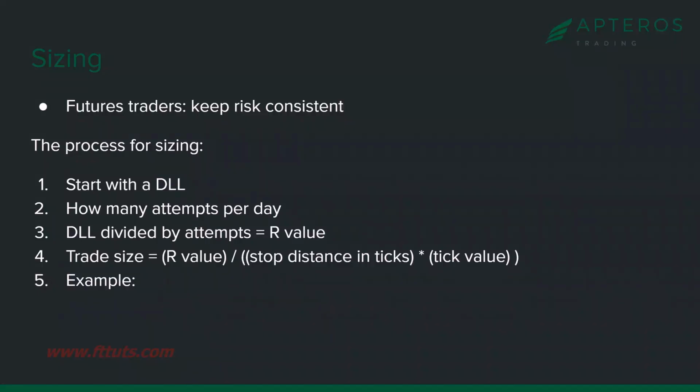I think futures traders should essentially keep risk consistent. I think there's other types of trading where you have amazing opportunities and then just a feeler trade here or there. But futures traders trading a similar basket of contracts day in and day out don't really have the best sense of, oh, this one's really going to work, it's got XYZ behind it, and then, oh, this one's not as good.